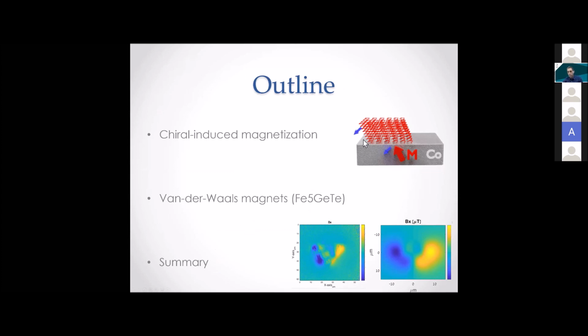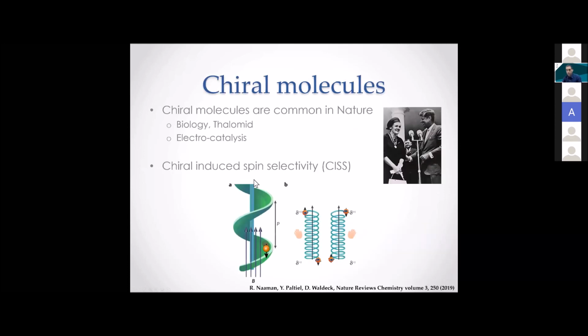One is the reorientation of magnetization in a thin layer magnet using chiral structures, or chiral molecules in this case, and also the measurement of the magnetic structure within thin Van-der-Waals magnets, in this case FGT. And then I'll summarize. Okay, so let me start briefly with introducing the topic of chiral molecules or chiral-induced magnetization.